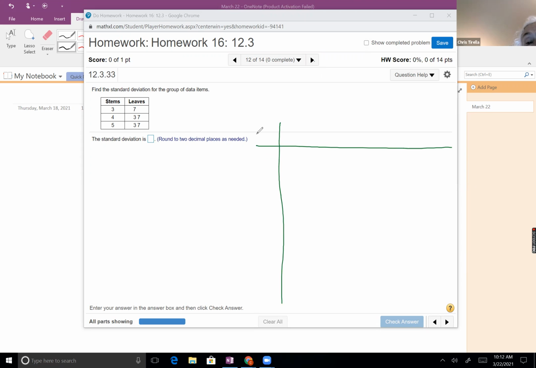The first thing we have to do is write our numbers, which would be 37, 43, 47, 53, 57. We'll add those up. I think that's 237, but let me just double check with the calculator because it's been one of those mornings.